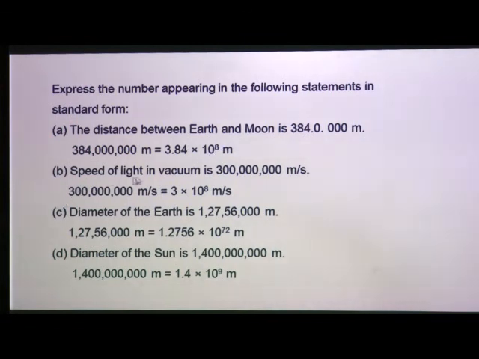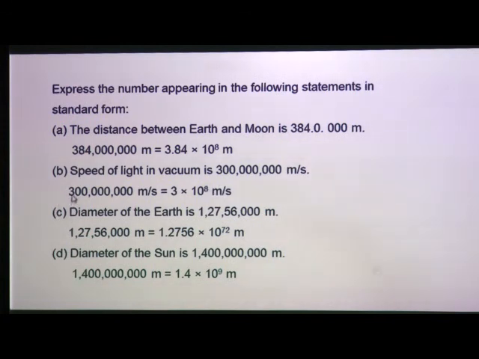Now, the speed of light in vacuum is given here in the international system, in meters per second. So, we can write this speed as 3 times 10 raised to the power of 8 meters per second.